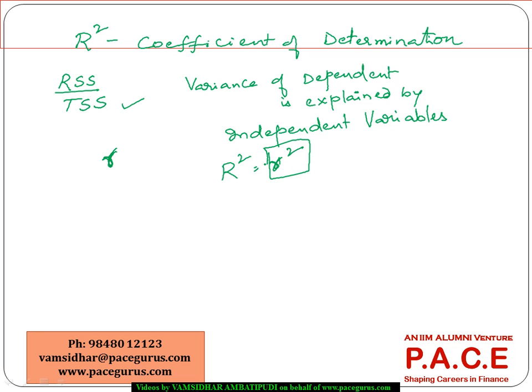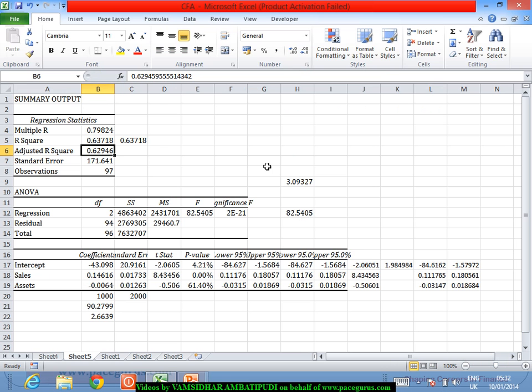Right? Because sometimes if we are seeing this Excel output, it has given me what is called multiple r, which is nothing but the square root of this particular r squared. But that is not the correlation of the independent variables together and the dependent variable. Correlation is always taken on a pairwise scenario. It's not taken collectively.